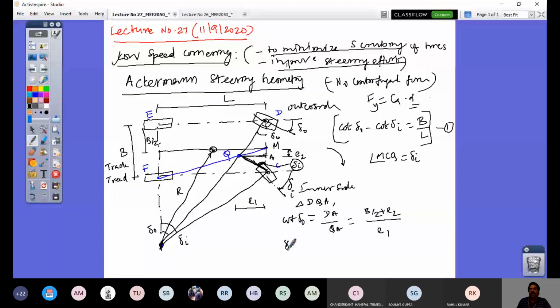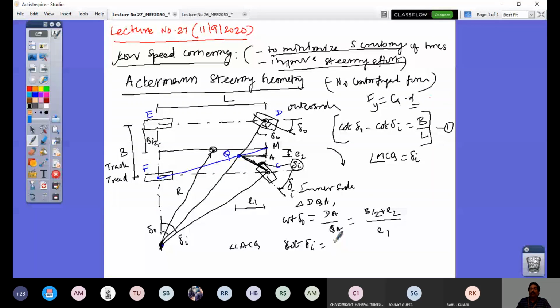What is cot delta I? Cot delta I is in this triangle ACQ. In triangle ACQ, cot delta I is adjacent, B by 2 minus E2, by opposite E1.